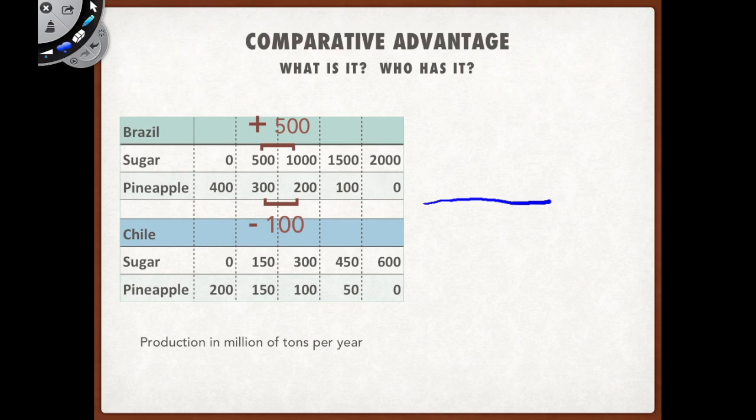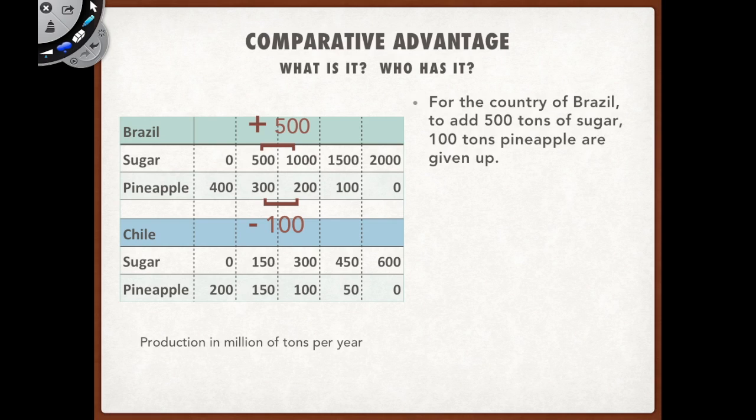So how do we calculate opportunity cost? Well, to determine opportunity cost, you have to look at what is given up, the cost of the opportunity.